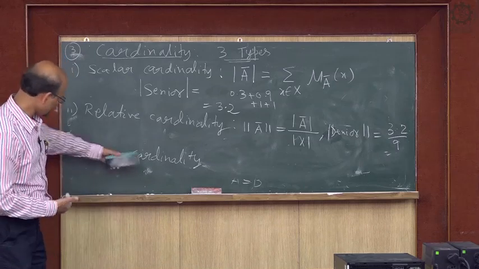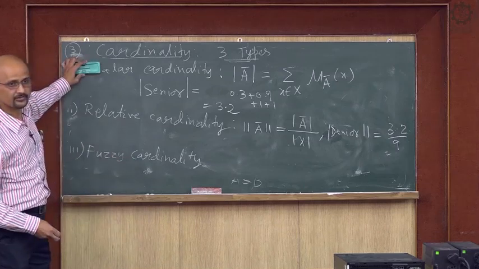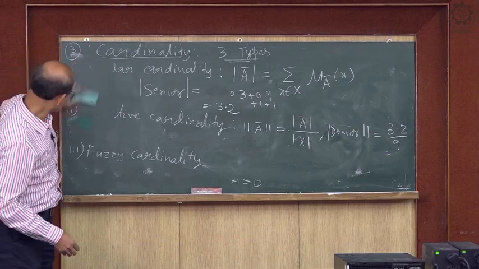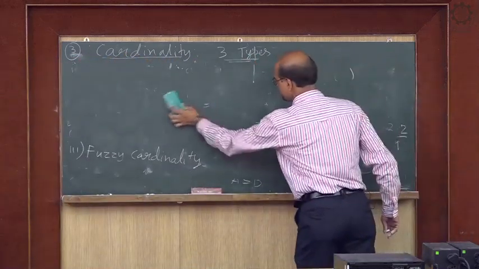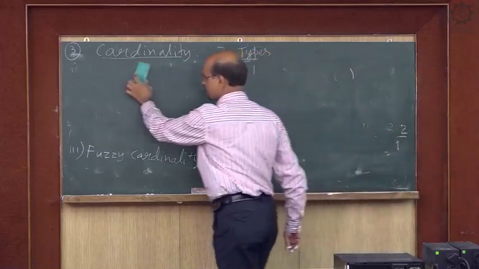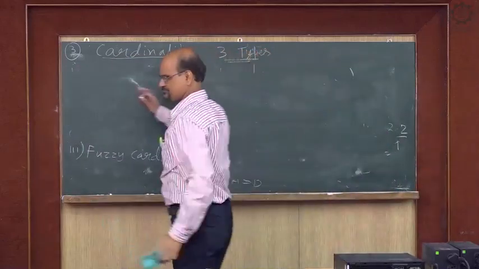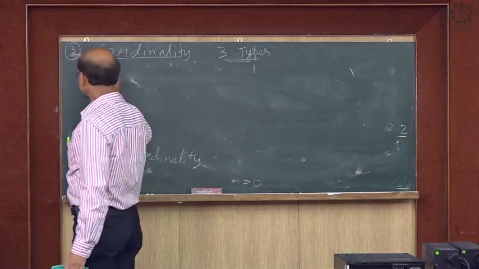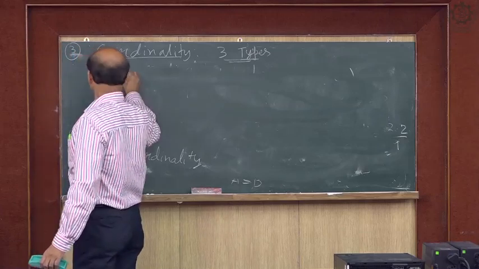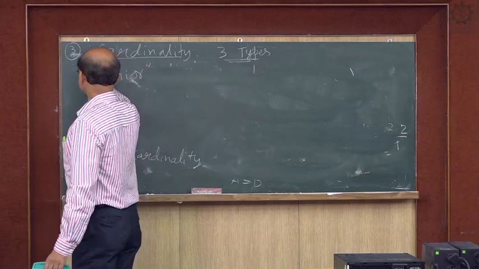So, we do not have a space here, I will define here. I am erasing these two. So, see here this fuzzy cardinality, how we define. So, take any set, suppose I start with that example. Suppose I take senior, that in the previous example that senior was a fuzzy set.